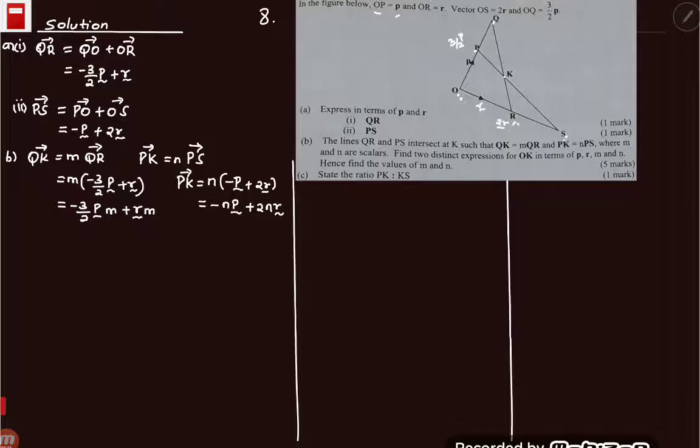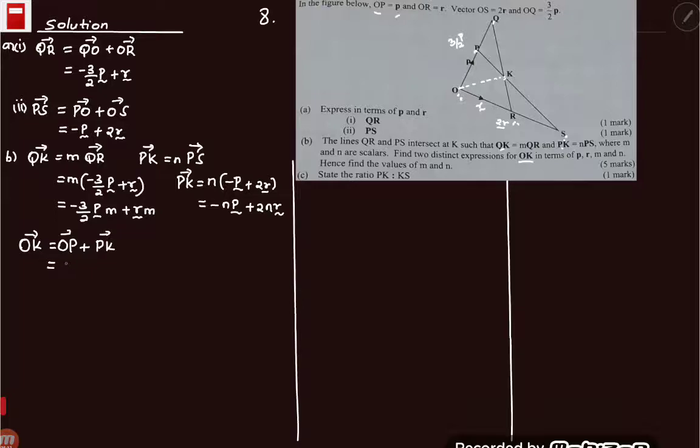Now we are required to find two distinct expressions for OK in terms of P, R, M, and N. Now OK is this distance. So we need to express OK, first of all, using PK and then using QK. The first expression of OK can be gotten by moving from O to P, then P to K. So we have OP plus PK.